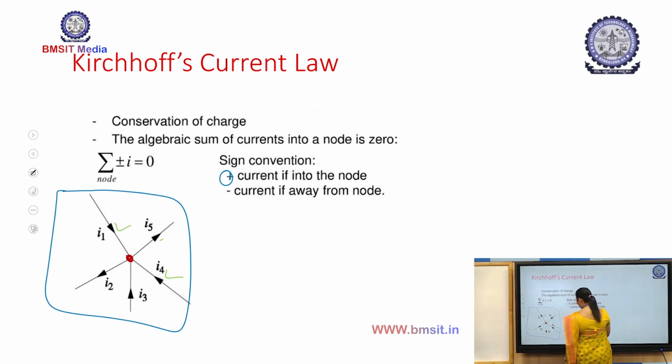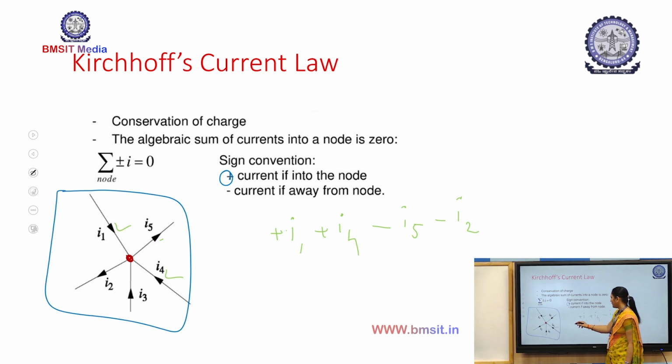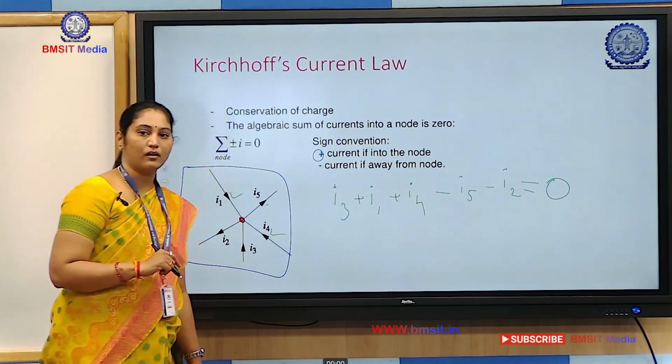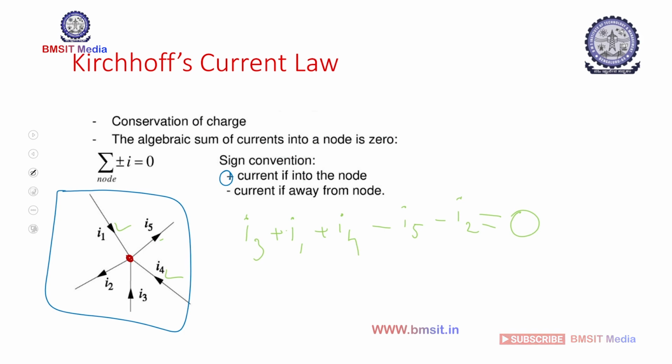So the sum will be, as I told, entering the node plus I1 plus I4, leaving the node minus I5 minus I2, and you have one more current source here, a current coming into the node, that is I3. So the sum of all these currents at the node will be equal to 0. The sum of branch currents at the node will be equal to 0. This is the Kirchhoff current law.